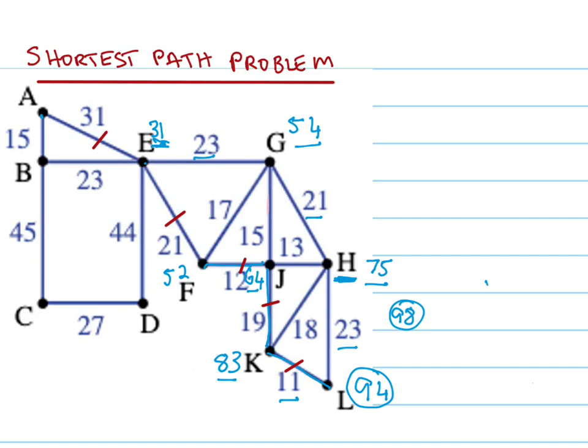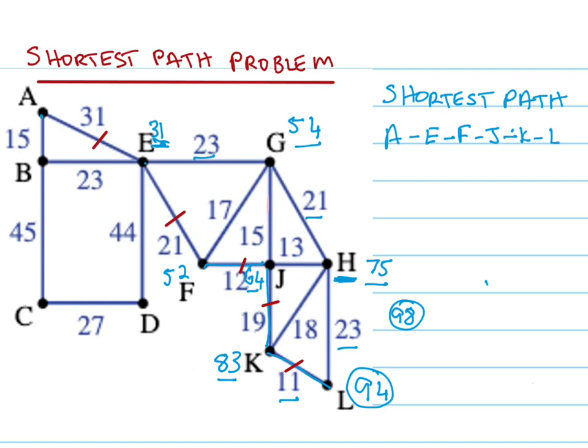Okay, so just recording my shortest path. It is from the beginning, A to E to F to J to K, and then finally to L.